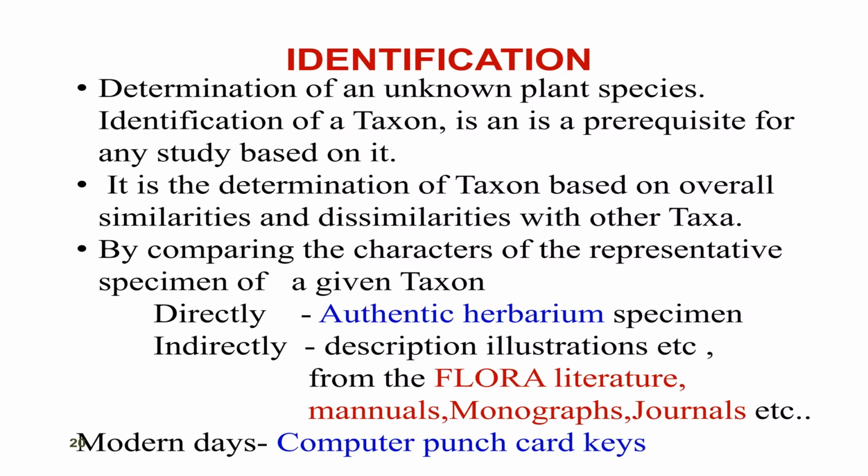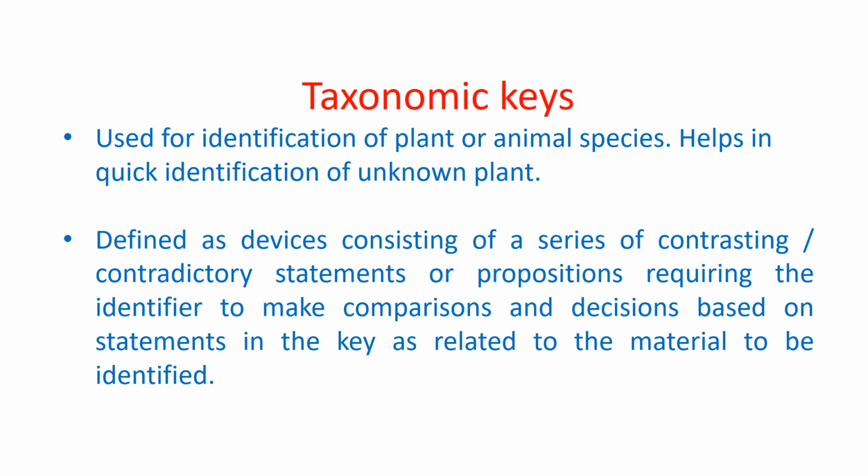And the next is the taxonomic keys. After the identification, after writing the description of the particular plant or whatever collections we have made during the visit, while writing the floras, the plants have to be segregated. For that segregation, the taxonomic key is very much useful.